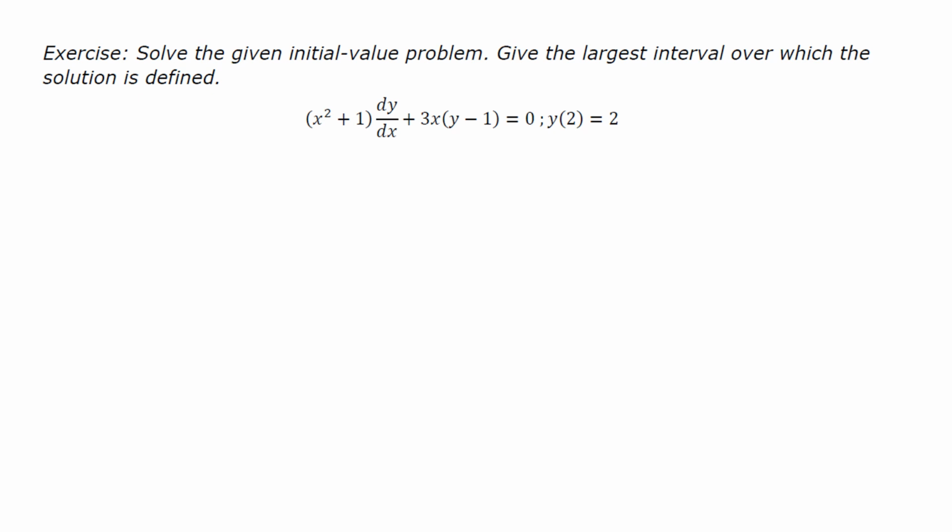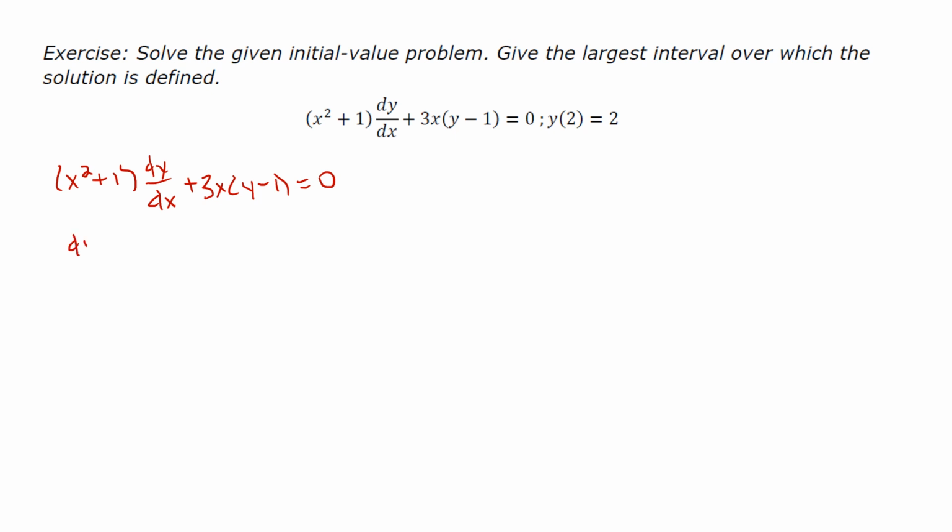Okay, alrighty. Next, we have x squared plus 1 times dy over dx plus 3x times y minus 1 equals 0, with an initial condition y of 2 equals 2. Right. So, given that our DE is not written in standard form, we need to write it in standard form. To do that, we are going to divide everything by x squared plus 1.